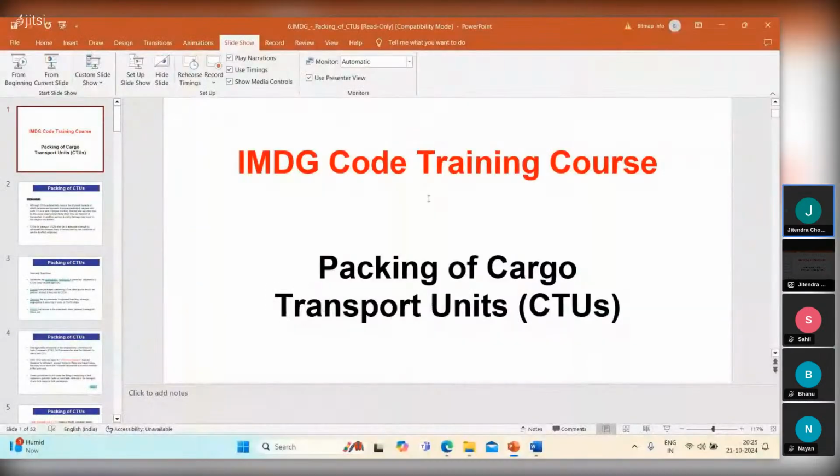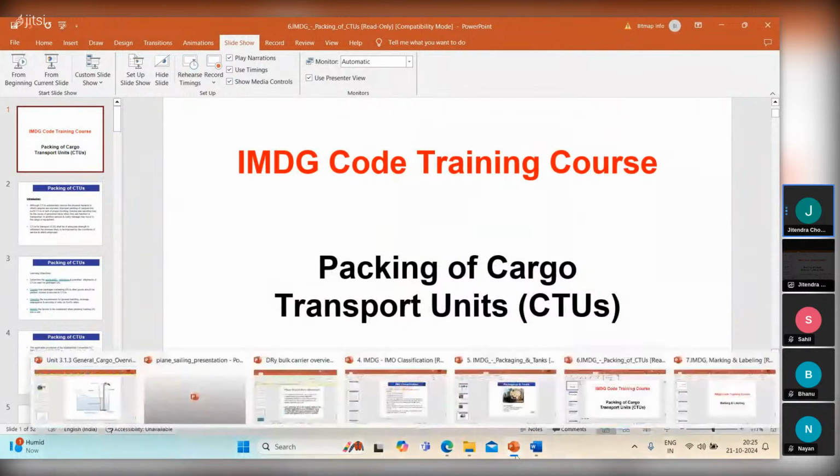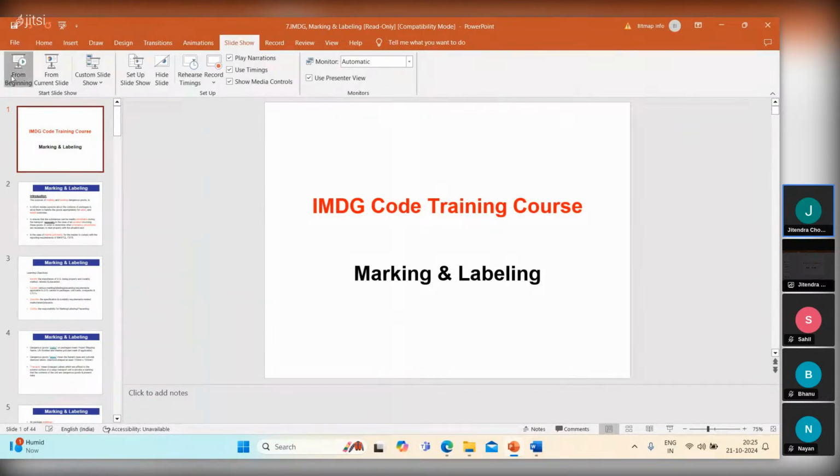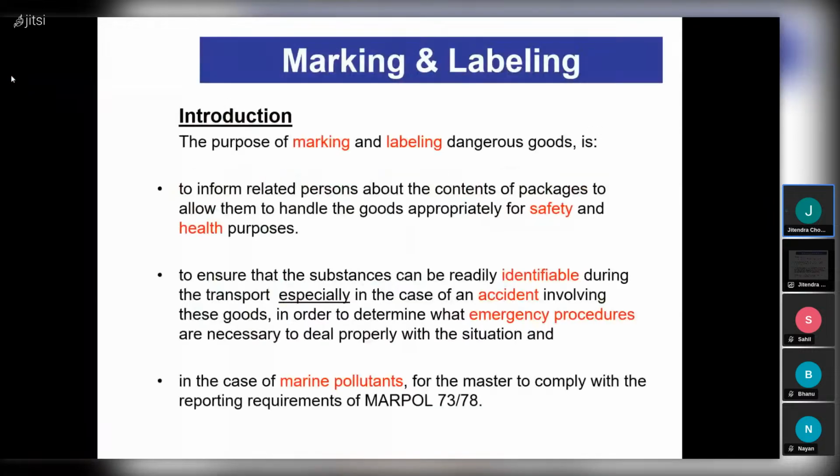Okay. And the last one is, as we saw, the marking, labeling, and placarding. This is quite important. So you should allow the marking and labeling as per the safety and health purposes, easily identifiable, so that you do not have these kinds of damages, especially in case of accidents.